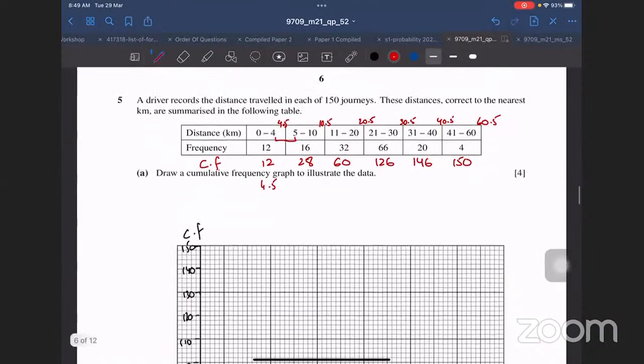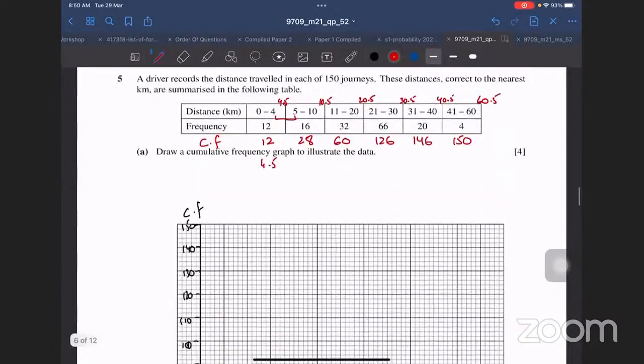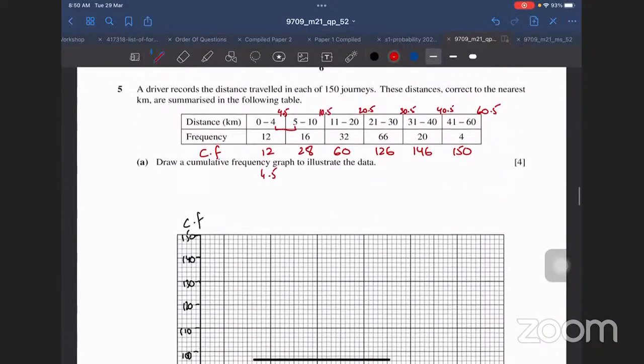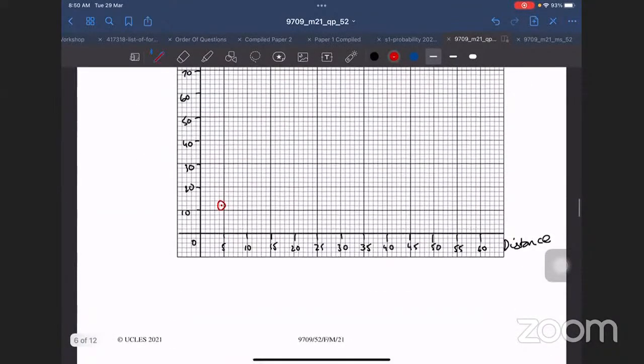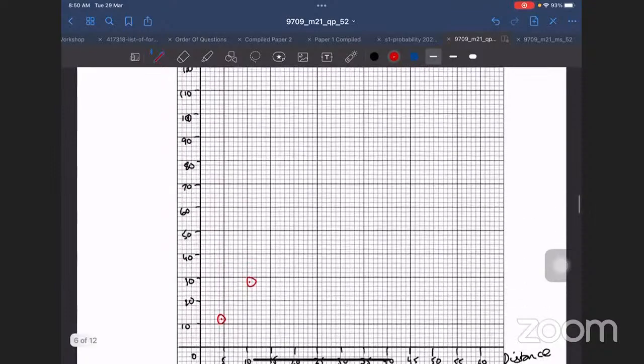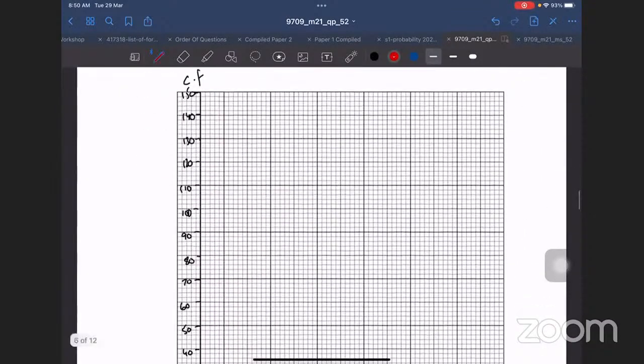Then I have 10.5 and 28. Then I have 20.5 and 60.